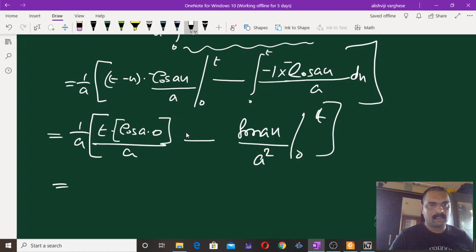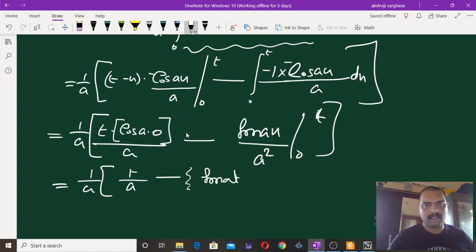Cos 0 is 1, so it is 1 by a into t by a minus, the upper limit is sine at and the lower limit is sine 0, divided by a square.